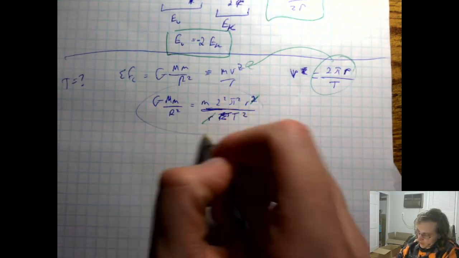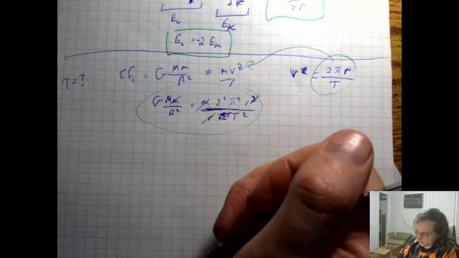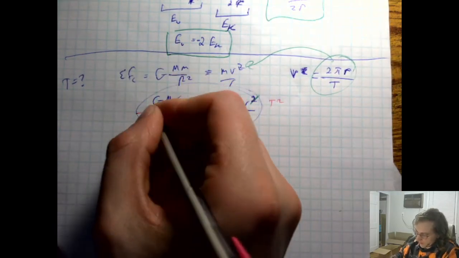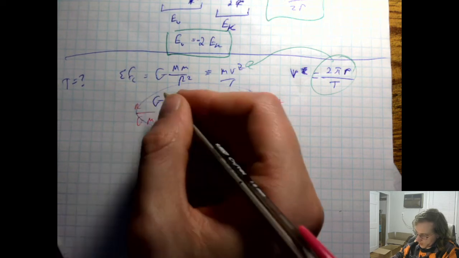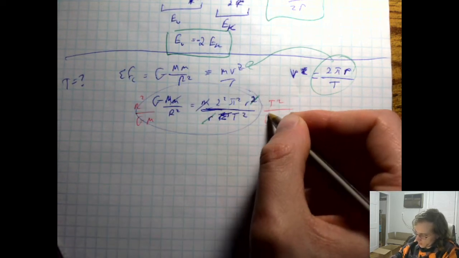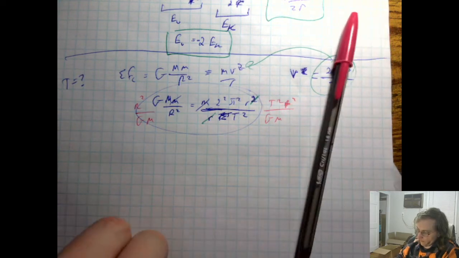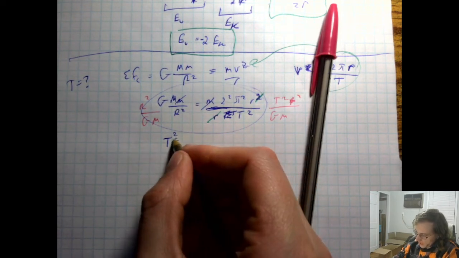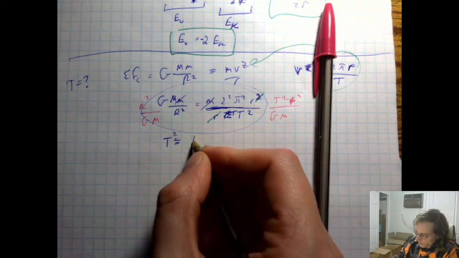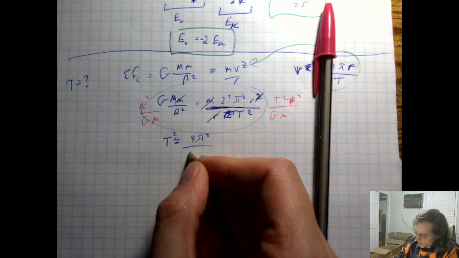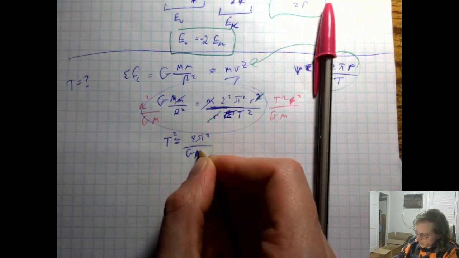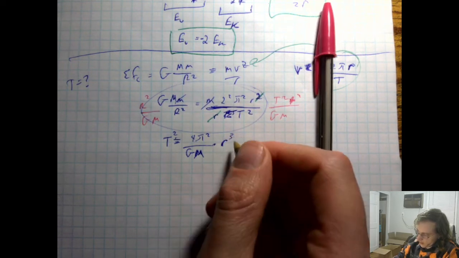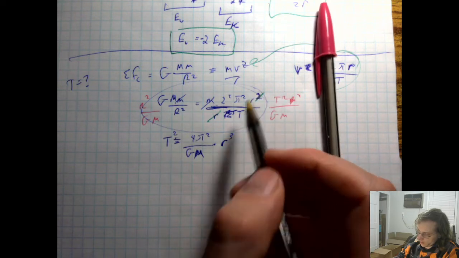And so if we solve this from here, our mass drops, and we'll get a relationship where, multiplying each side by our period squared, dividing each side by GM and multiplying each side by r squared, the period squared will only depend on 4 pi squared, that one doesn't change, divided by capital G, capital M, the mass of the object we're orbiting, and the orbital distance away from the object to the third, because we'll have r squared times r.